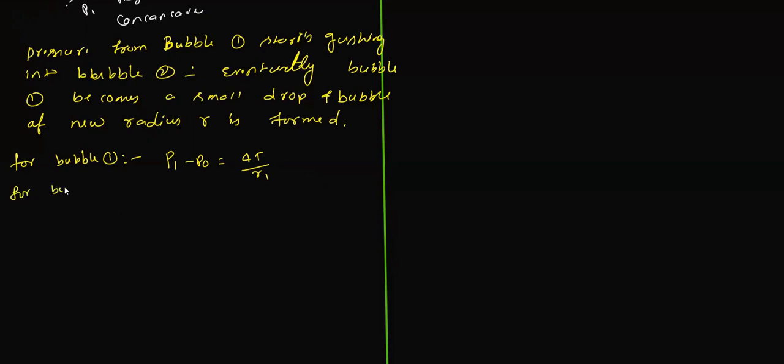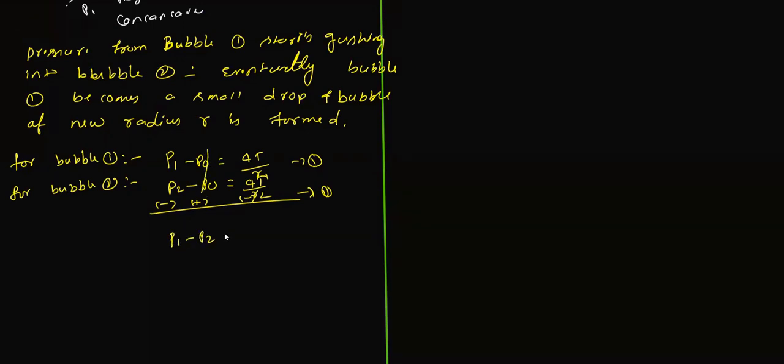For bubble 2, P2 minus P0 equals 4T by R2. This is equation 2. Now we are going to subtract. P1 and P2 remain with signs, and P0 gets cancelled. P1 minus P2 equals 4T, if we take common, 1 by R1 minus 1 by R2. Make this equation number 3.